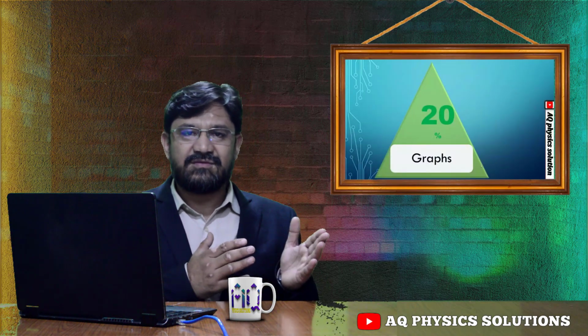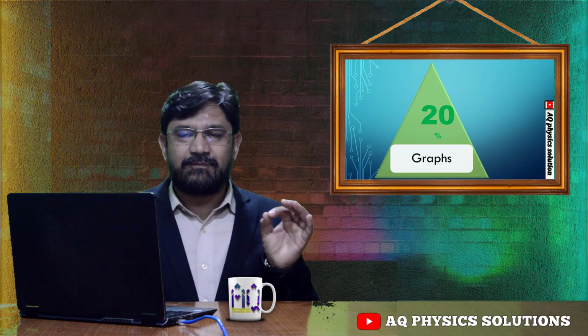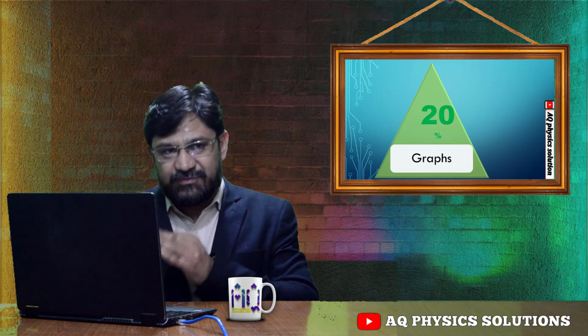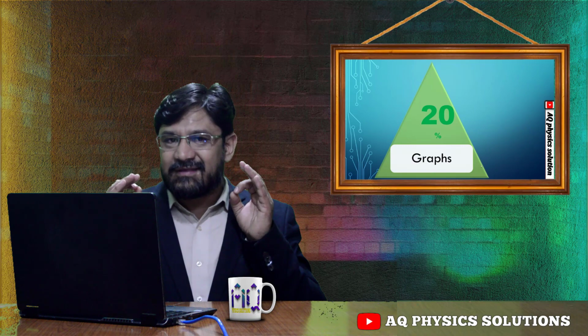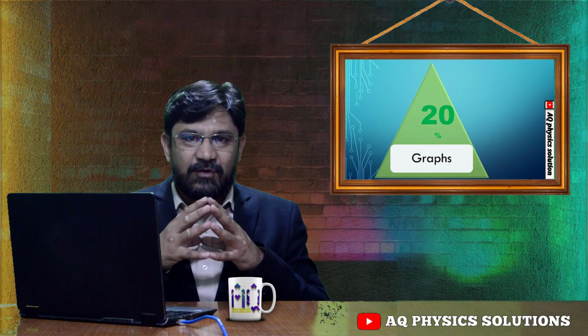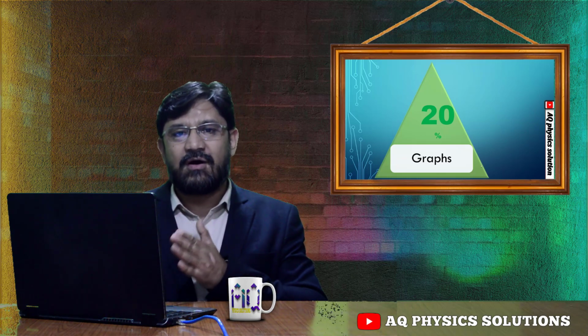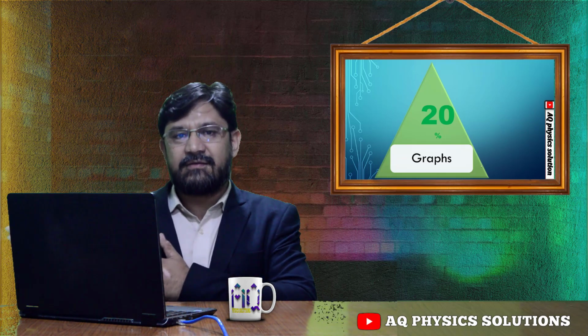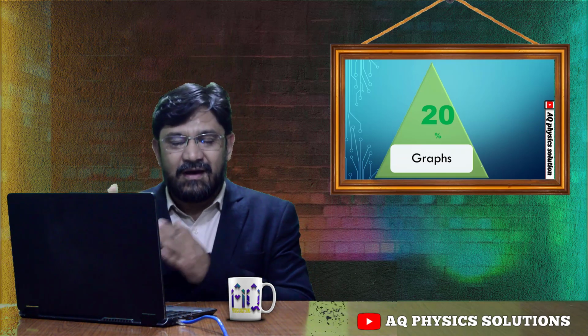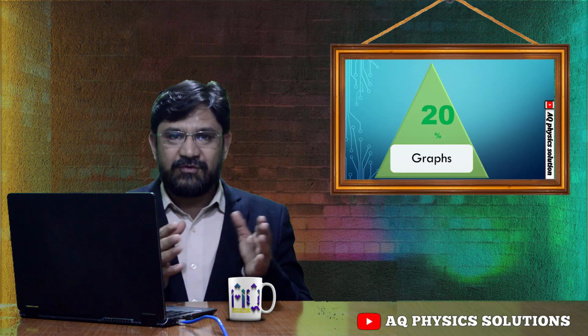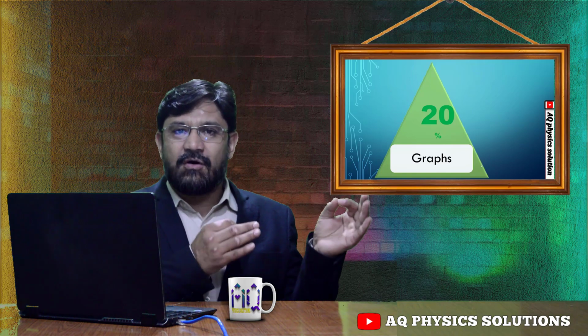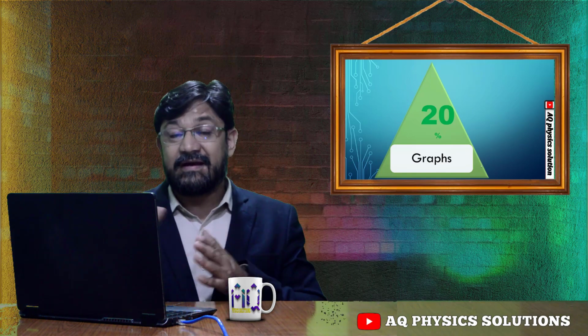One is the graphs. Here I will include some specification that the graphs are not entirely out of the memory recall. For some graphs, you have to know what the fact behind it was. So they are actually linked with memory recall. But foremost, these graphs are classified as critical thinking.